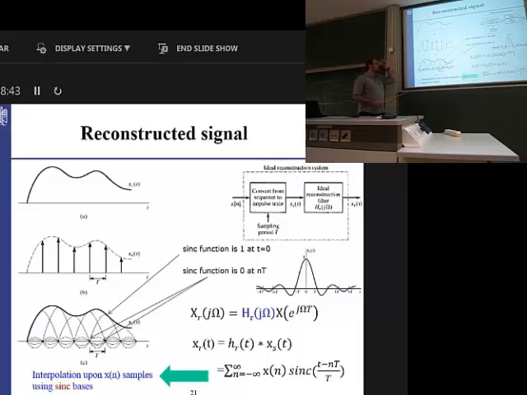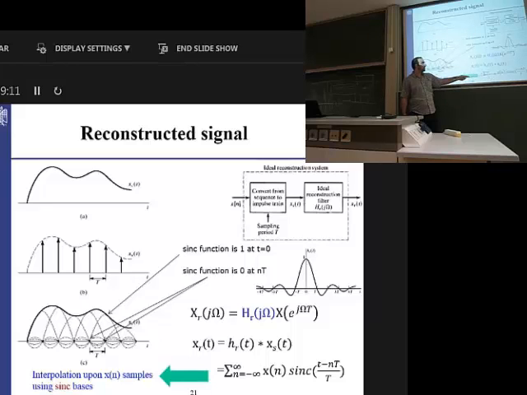So what's the reconstructed signal? Based on the previous slide, the reconstruction happens using this ideal filter with the samples, with h(t), which was the sinc function. And in general, when we see the series, it always reminds us of the inner product.